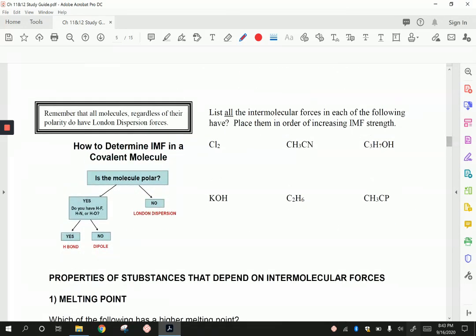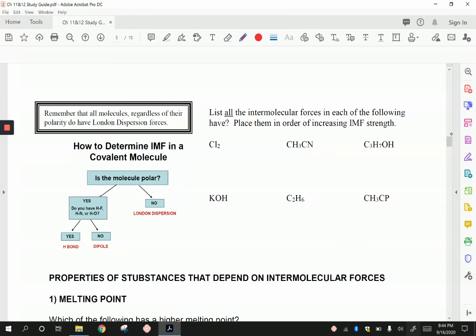Okay, so remember that all molecules, regardless of their polarity, do have London dispersion. That's a key thing here. So when you look at a substance, how do you know what type of intermolecular forces it has? The first thing you ask yourself is, is it ionic or covalent? If it's ionic, then it's definitely ionic interactions. If it's covalent, then you ask yourself, is it polar? If the answer is no, then it only has London dispersion. If the answer is yes, then you check, do you have an HF, HN, or HO in there?